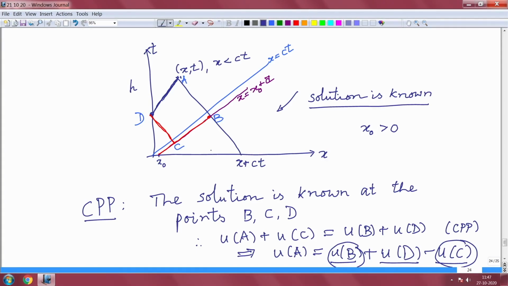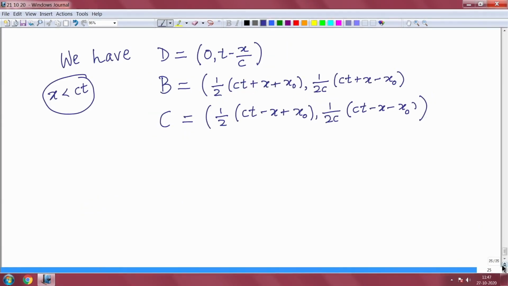We assume x 0, which is at our disposal, is less than c t minus x, and c t minus x is positive.